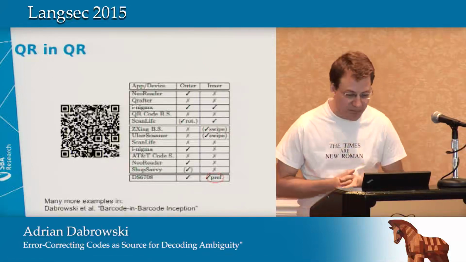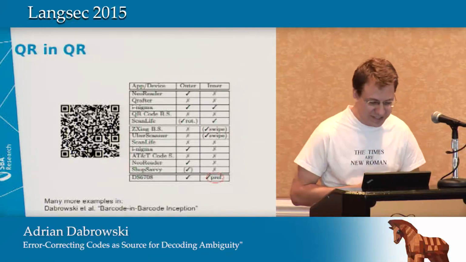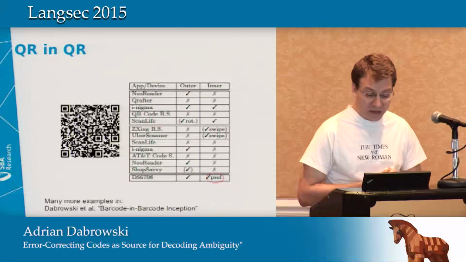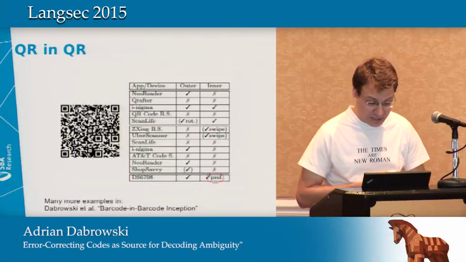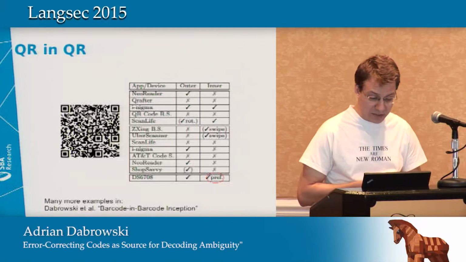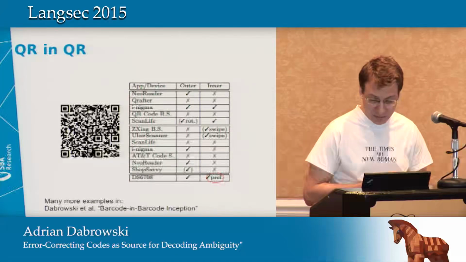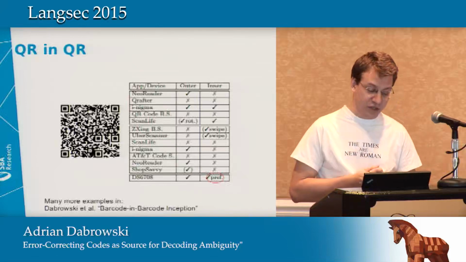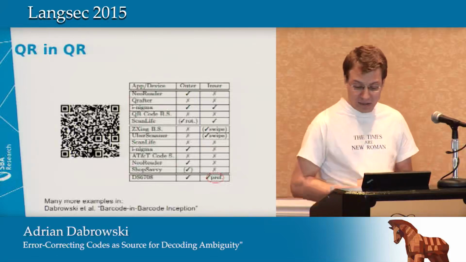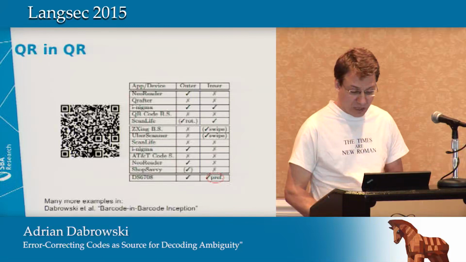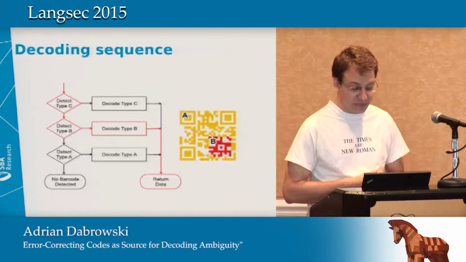With this example of QR in QR, we can see that, for example, the Symbol reader strongly prefers the inner one, while most other readers decode the outer one, or sometimes decode none, but it's highly implementation specific. And the implementation basically is as follows.